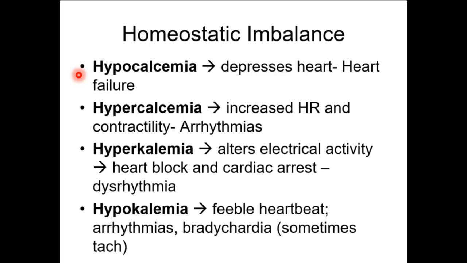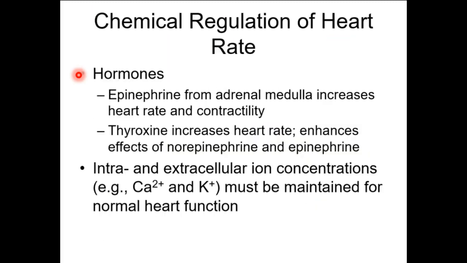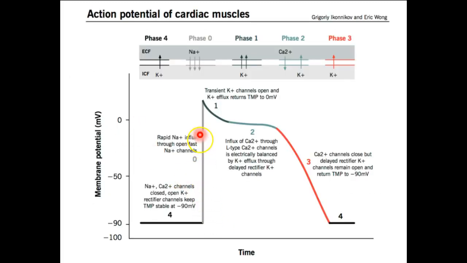Sodium is also positive. So if there's a bunch of calcium around, does sodium want to be there? Nope. Sodium wants to go somewhere else, down its electrical gradient. So in a state of hypercalcemia, where you have circulating calcium that is high, you're actually scaring away the sodium that's responsible for depolarizing the membrane during the action potential.